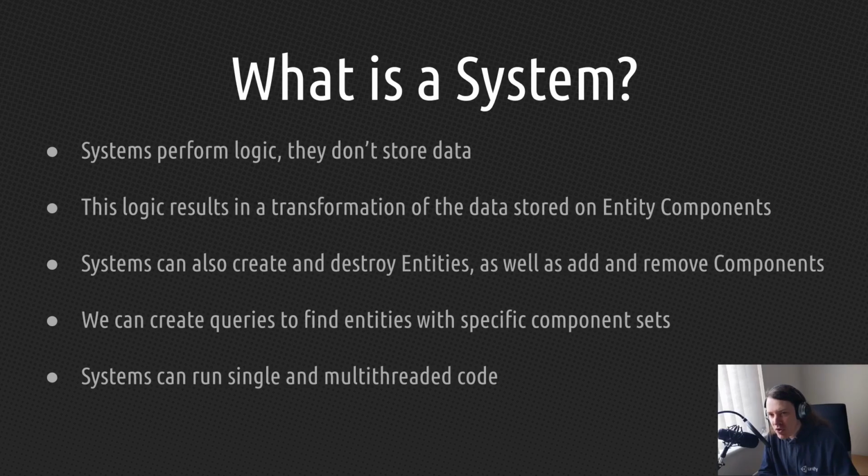It's worth noting that systems can run both single and multi-threaded code. There are times where you want to write things multi-threaded, but there are also times where you will want to write systems that run single-threaded. We will go into that, so don't worry too much about it for now.